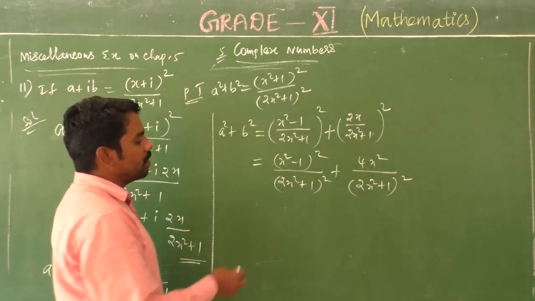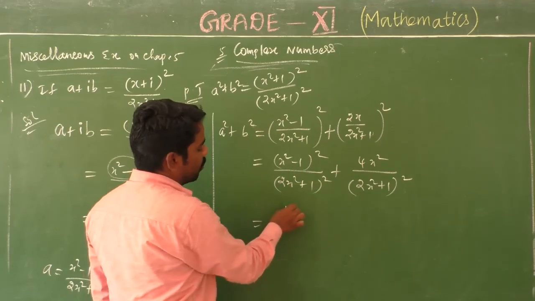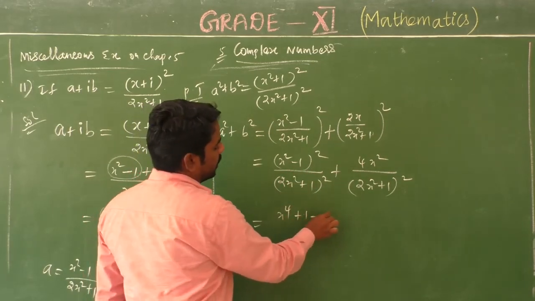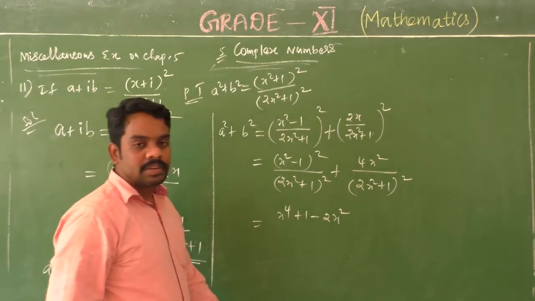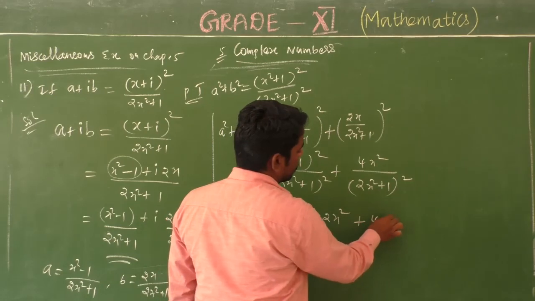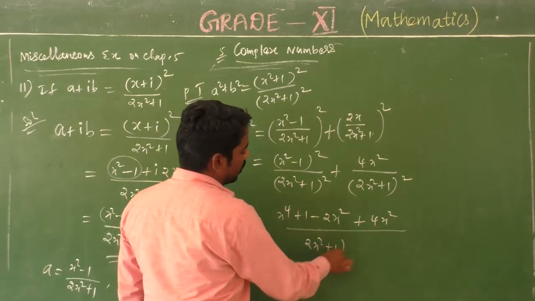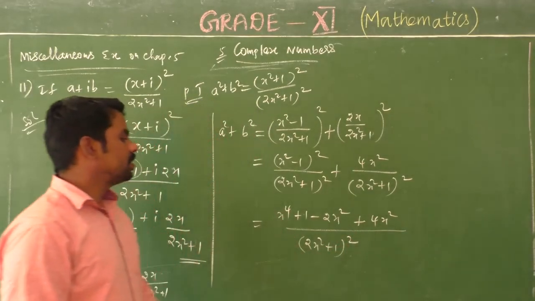Here, (x square minus 1) whole square uses the (a minus b) whole square formula. So x power 4 plus 1 minus 2x square, plus 4x square, the whole divided by the same denominator, (2x square plus 1) the whole square.